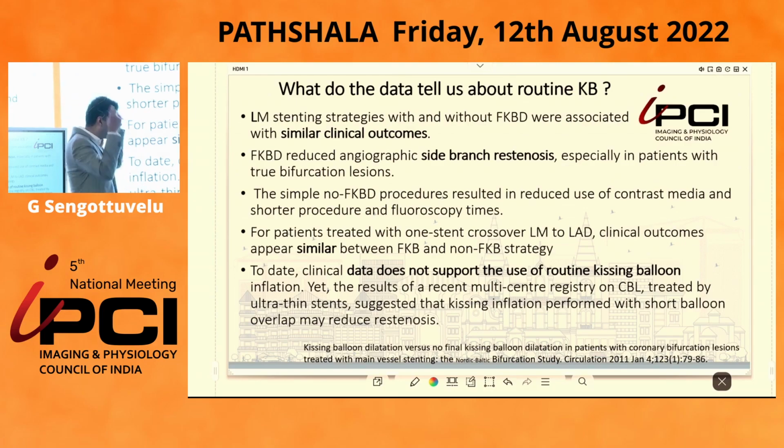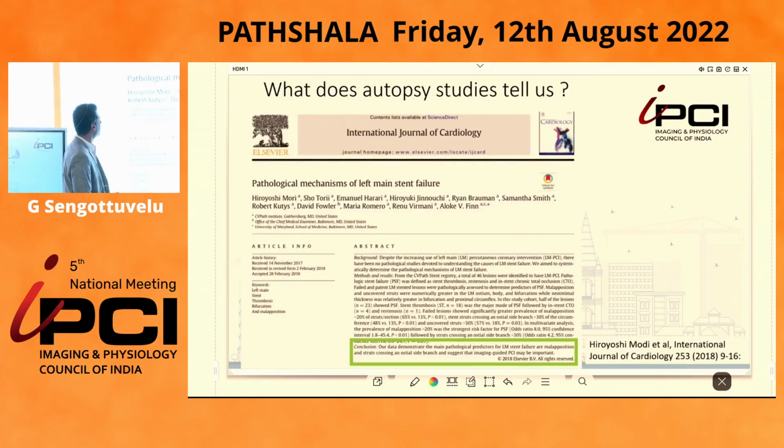But there were some conflicting reports which said that in some patients, after kissing balloon, they develop restenosis in the distal main branch, particularly because of overdilatation caused by the kissing balloon. So with all this, there is clear controversy, and there is no definite data telling that kissing balloon is better than no kissing balloon. This is particularly relevant to the provisional stent technique. But with double stent techniques, we definitely know that kissing balloon is very important.